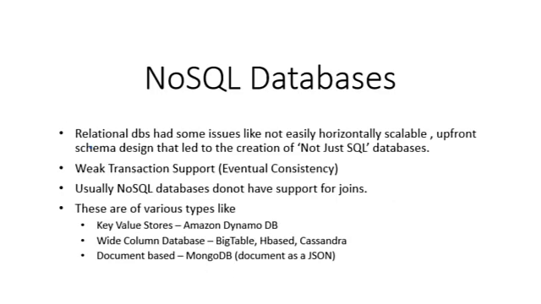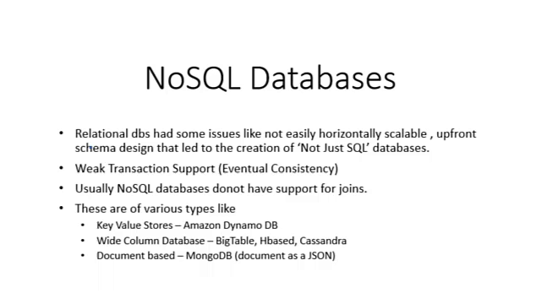NoSQL databases. Relational databases had some issues, like not being easily horizontally scalable, and upfront schema design had to be done, which led to the creation of NoSQL databases. These databases have weak transaction support. They do not have strong transaction support like relational databases, so they follow the model of eventual consistency.